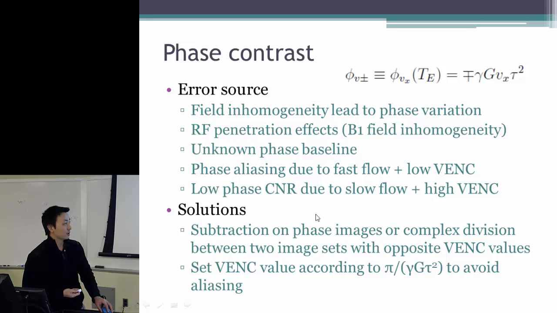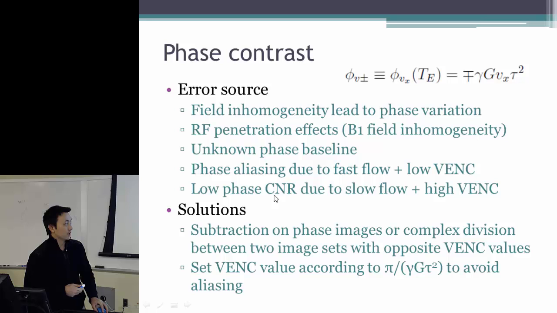So there are a couple of solutions. The first thing is that we can acquire the phase image with two opposite Wank values, and then do a subtraction or a complex division between these two data sets.